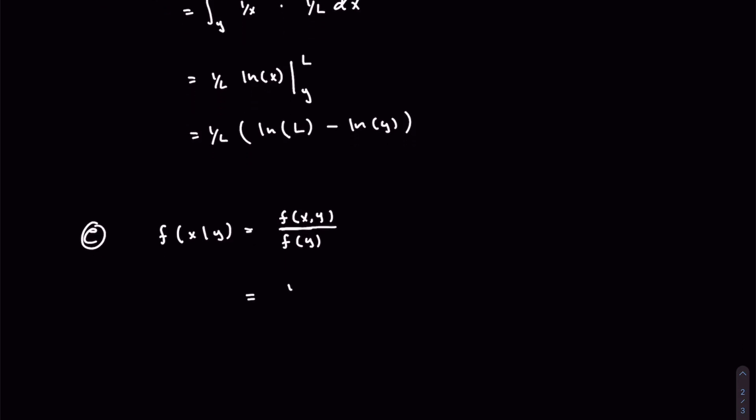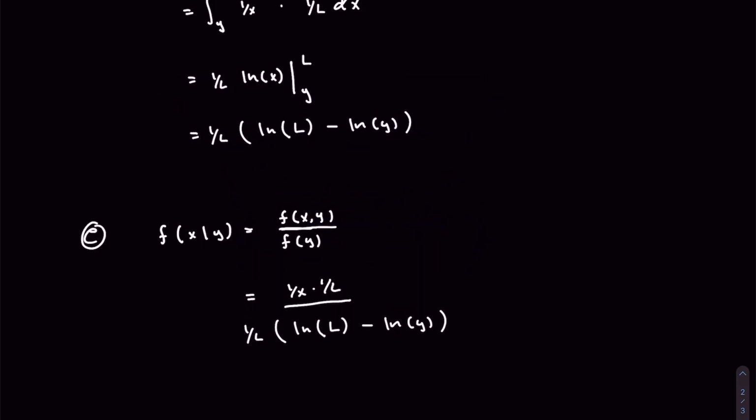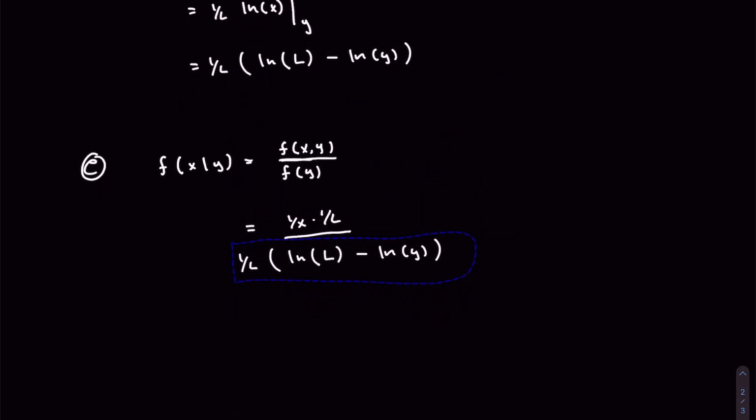So 1 over x, 1 over L, and dividing it by this whole term here. Duplicate that, we put it in here. Great, and then we see that we can simplify this further by factorizing out those terms there in the end.